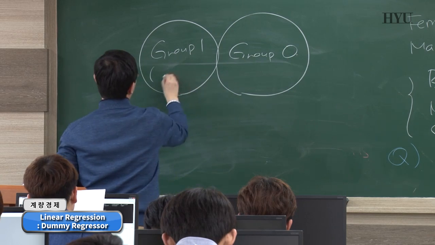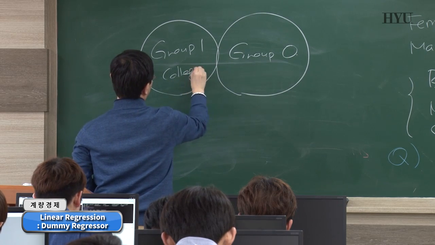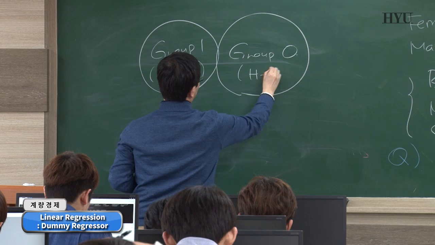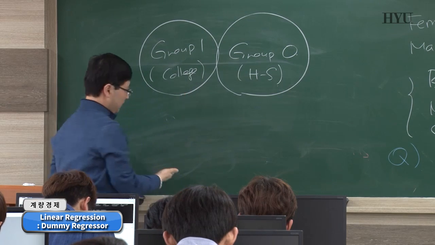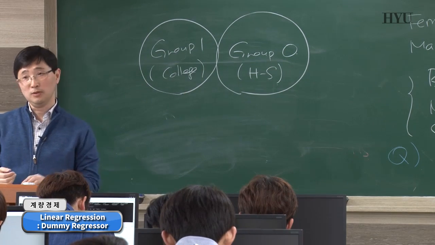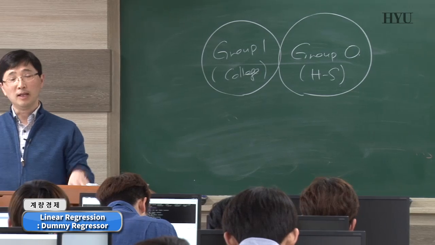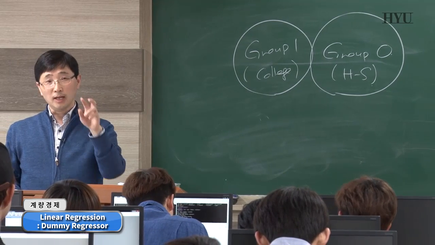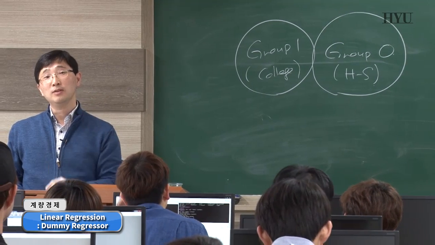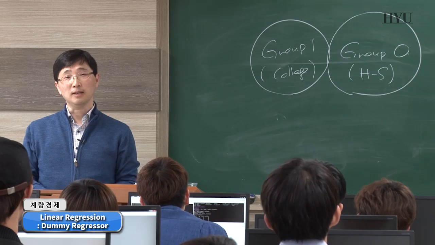So in our example, this is college graduate. This is high school graduate. And you want to compare their mean wages, right? And you like to know the difference, and you like to know how significant the difference is statistically.